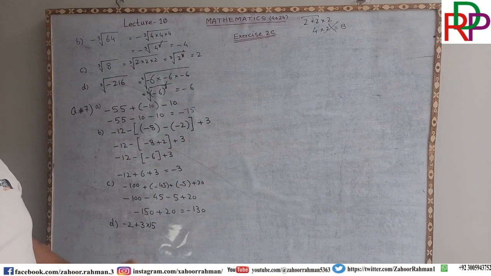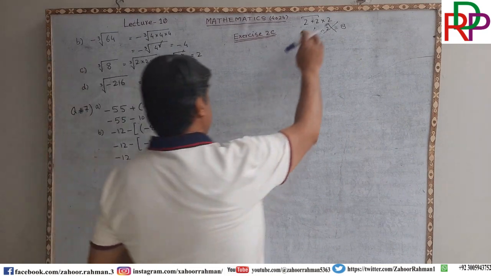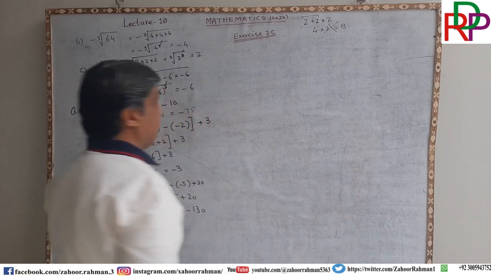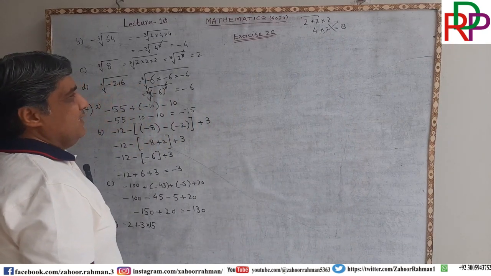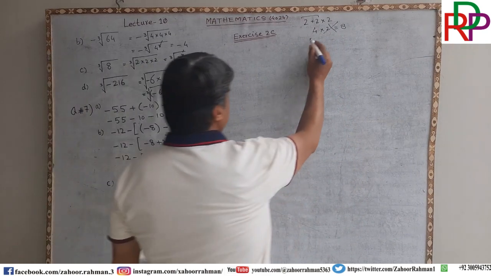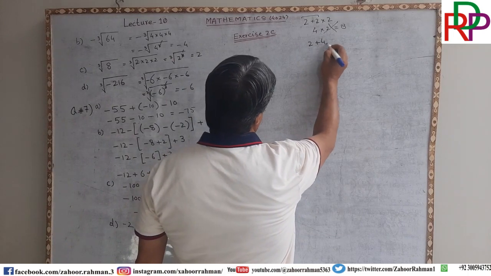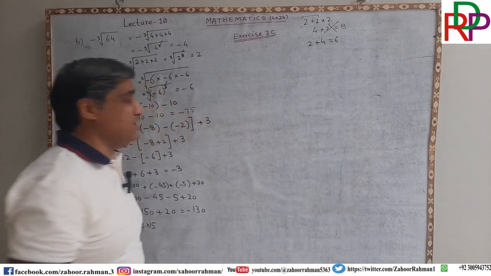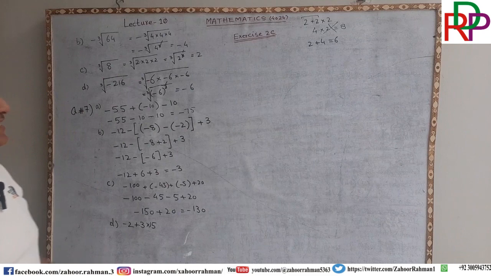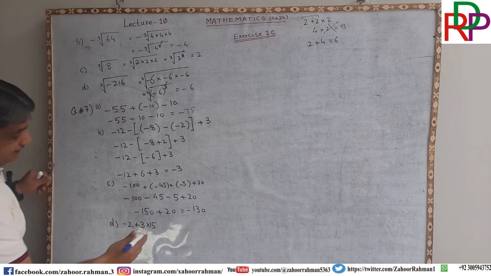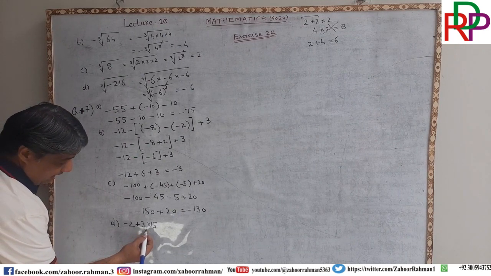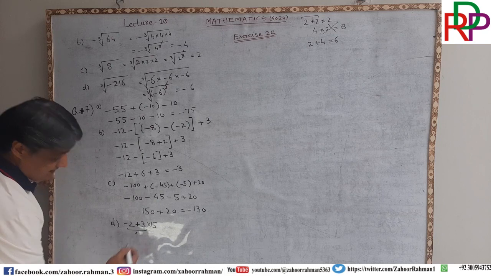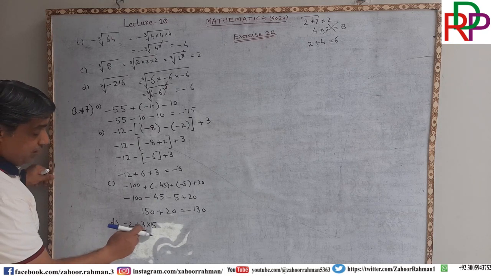According to the BODMAS rule, first multiplication will be performed and then addition. So 2 plus 4, which is equal to 6. But here also you don't have to add these two first. First you have to multiply.